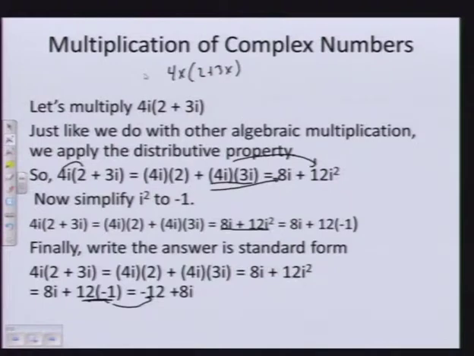Okay, so that's a real number, so that goes first. And then our 8i goes second, because recall, our standard form here is a plus bi. And so we're putting this answer into that standard form here. So when we multiply 4i times 2 plus 3i, we end up with negative 12 plus 8i.